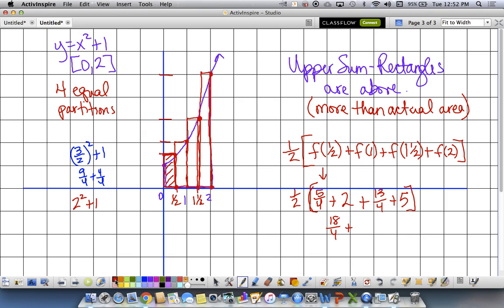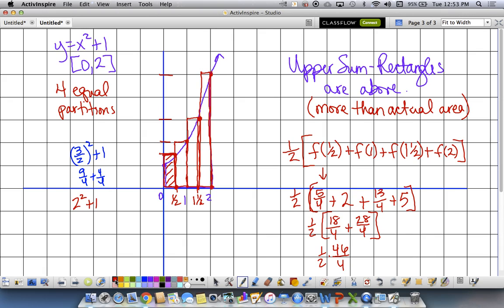Plus 2 plus 5, which is 7. 7 is going to be what? 28/4. Yeah. Times 1/2. 18 plus 28 is 46/4. Times 1/2 is 46/8.